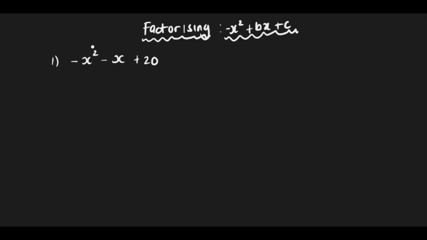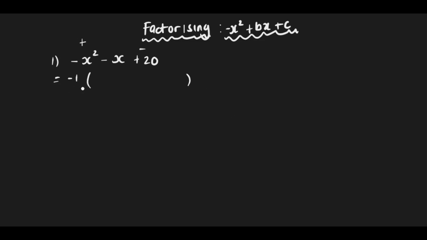We need to change the sign of x² and make it positive. To do that, we take out -1 as a common factor. If we take -1 as a common factor, every term's sign is going to change. If it was negative, it becomes positive, and if it was positive, it becomes negative.